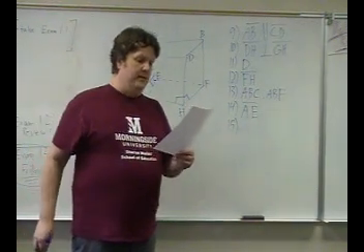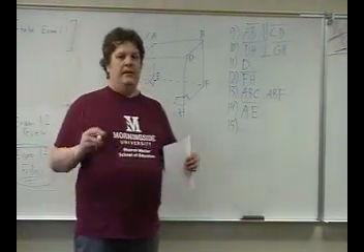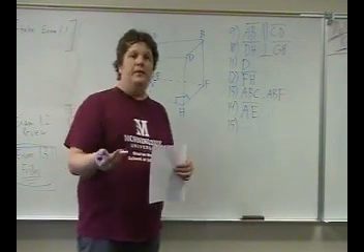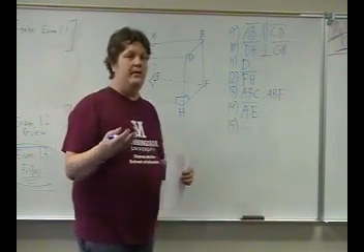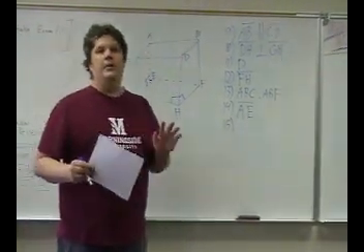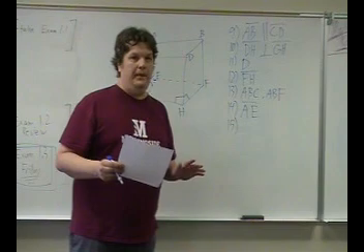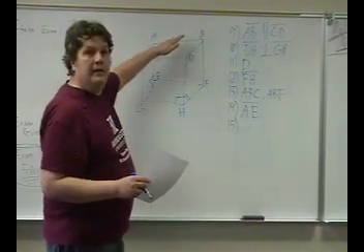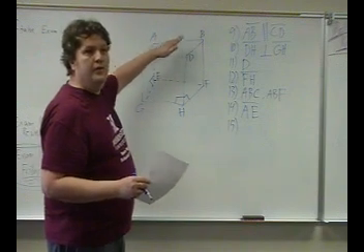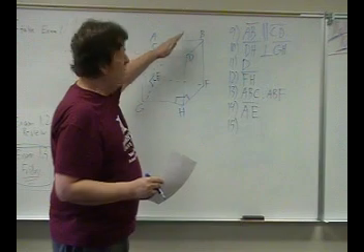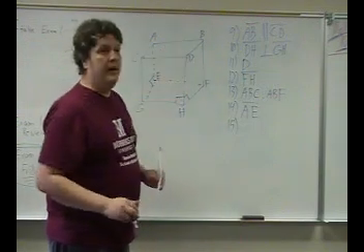Name a plane parallel to DBC. I have hammered this home so many times. Thankfully, the handful of times it's come up with the assignments and with the tests, you all have delivered for me. Anytime you're asked to find two parallel planes, DBC is the top part. If you want to find two guaranteed parallel planes, you're going to use the top and you're going to use the bottom of the object.